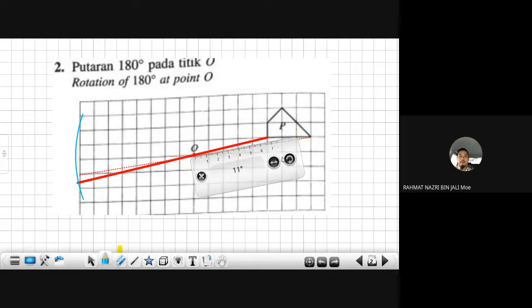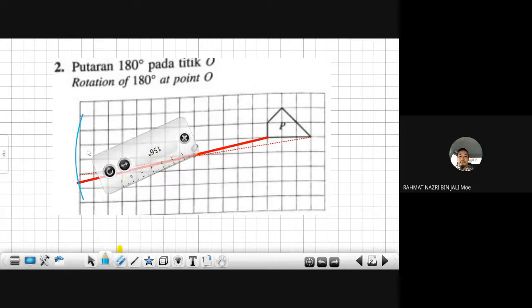Measure the... tapi saya pendekkan terus. Okay, tak boleh pendek. Around 7, this is around 7. So saya akan measure this one juga around 7.